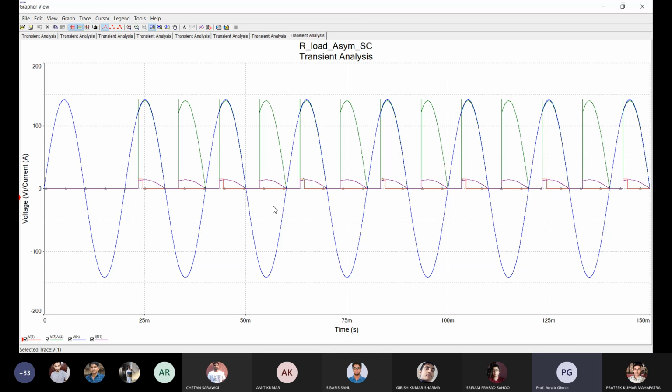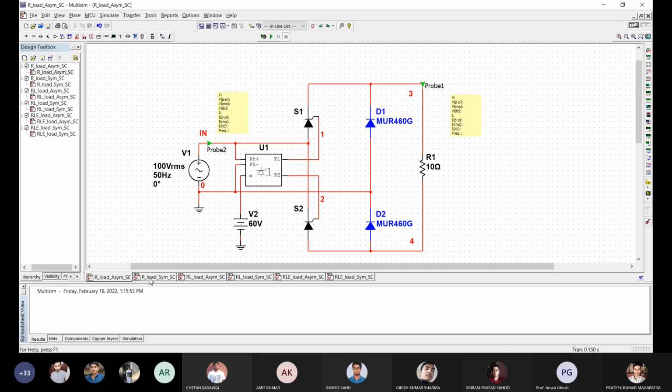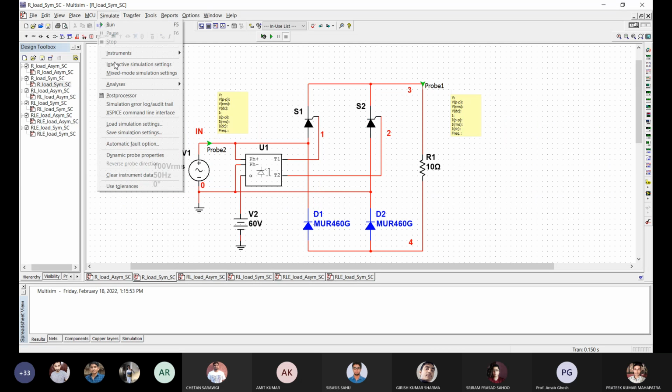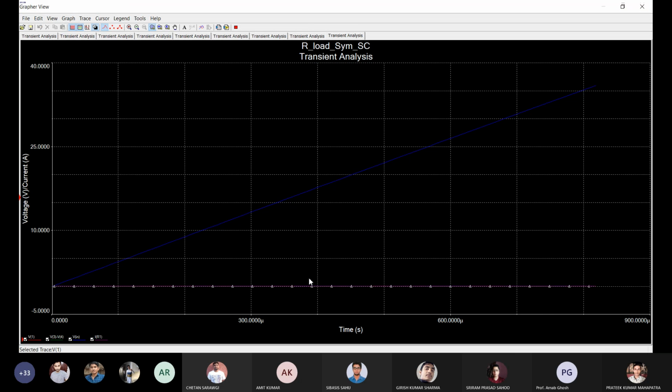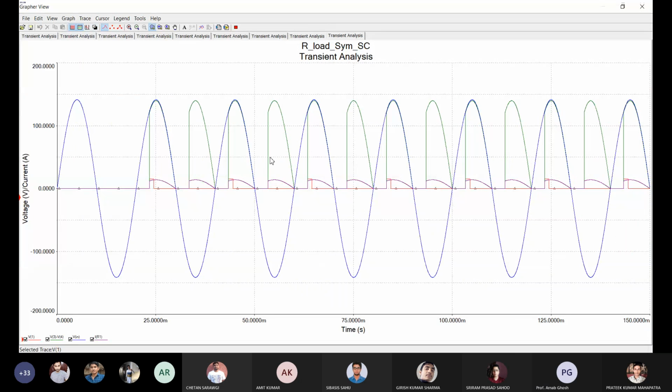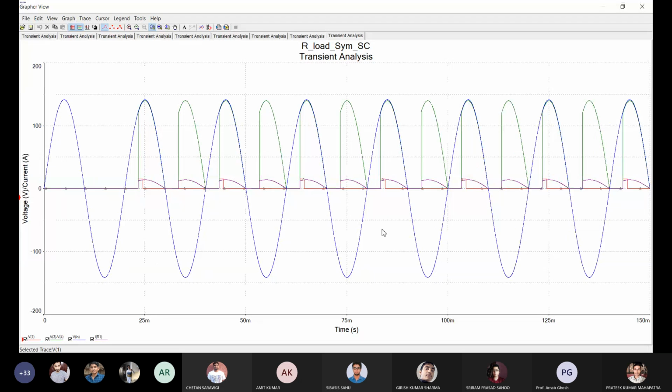Yes, magnitude is less. Okay, go to the next one. So this is the R load symmetrical.